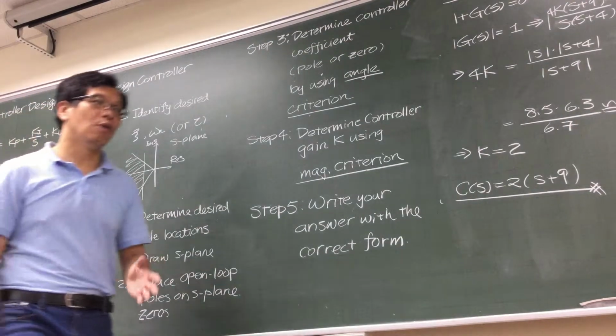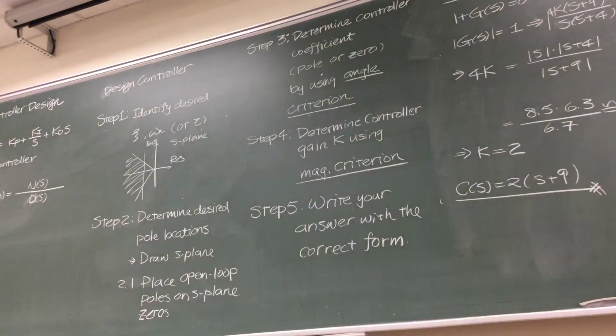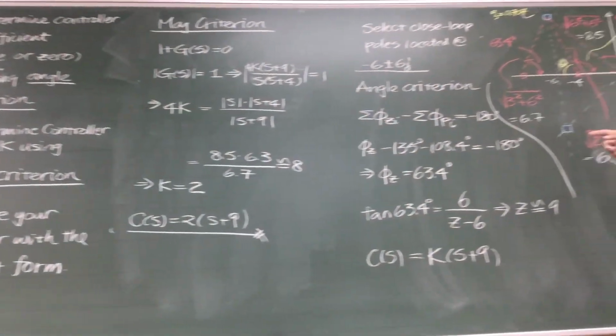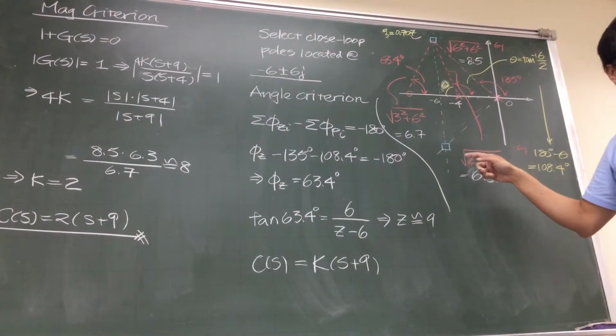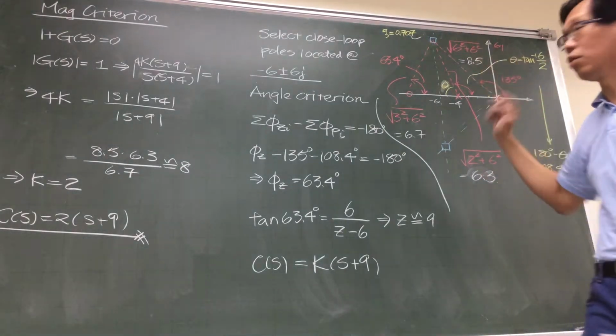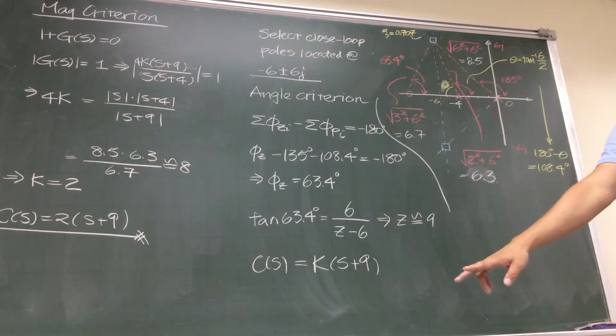Just put whatever you want to do on the S-plane, okay? However, keep in mind you need to do dominant pole location. Other than those two, anything must be faster than those two. It must be on the other side.